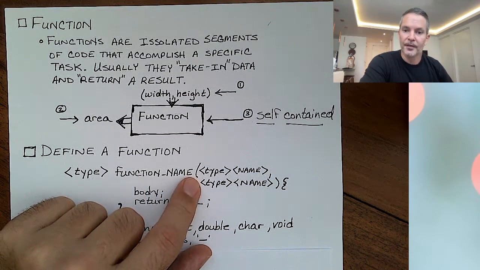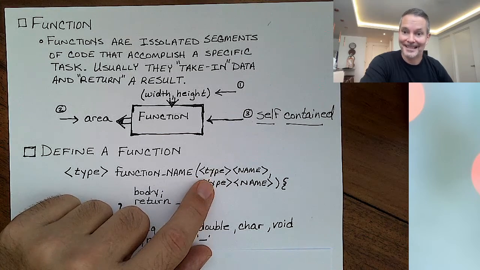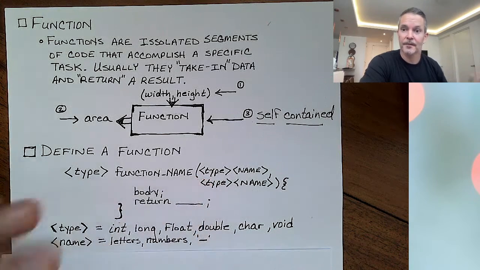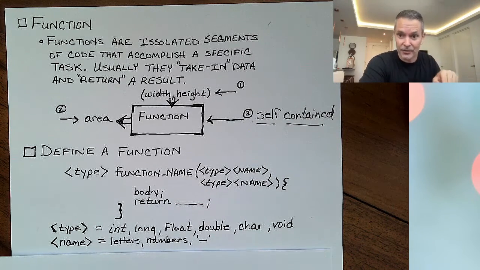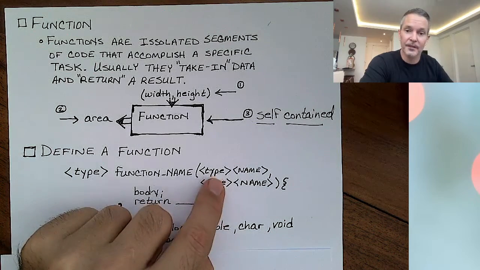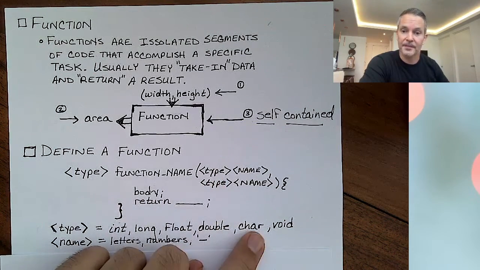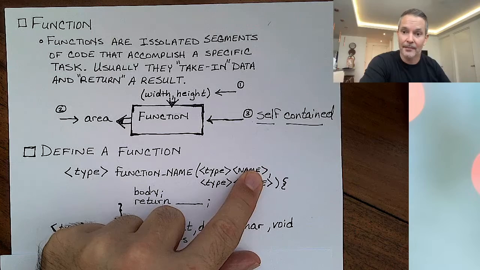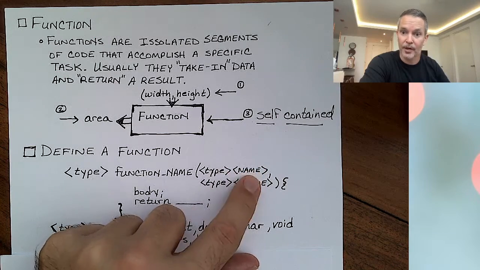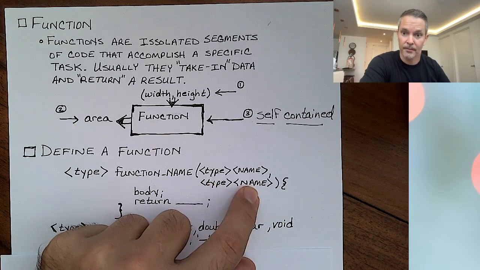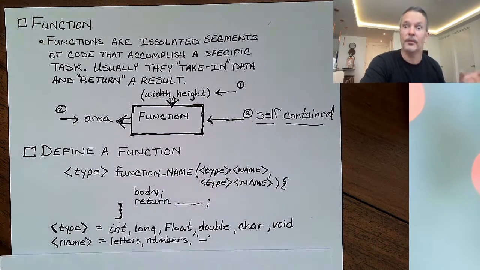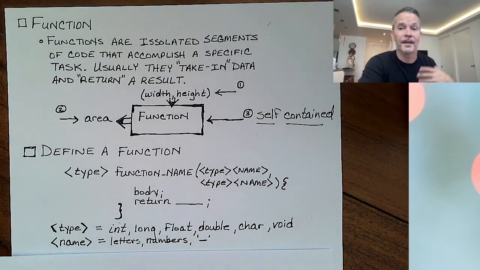Next, we open a parenthesis, and we have a list of potentially multiple or no, zero, parameters. This is the data that's going to go into the function. So we write one of our types, and then we write whatever name we want for that parameter, and then a comma, and then we can write another type and another name. We could continue with as many parameters as we want.